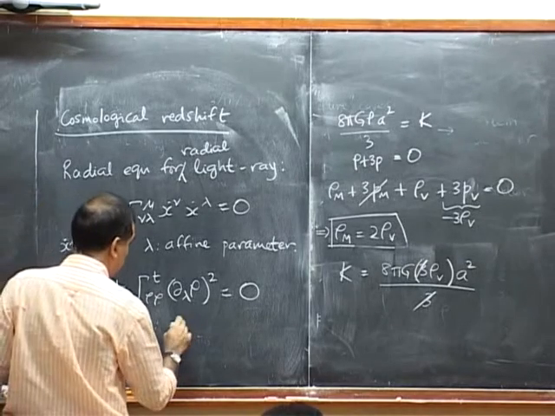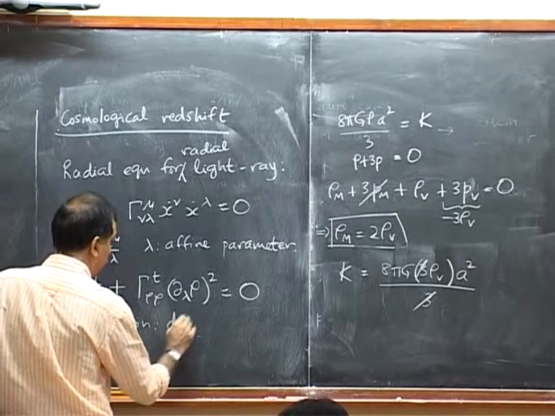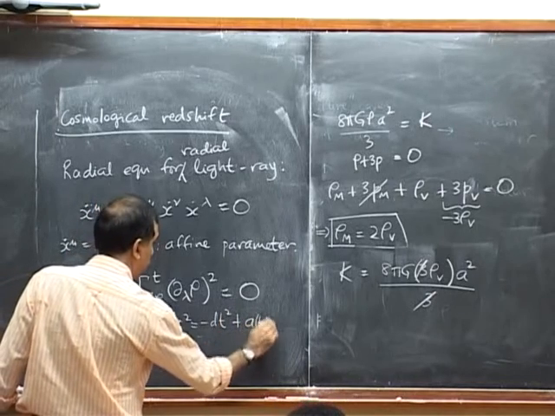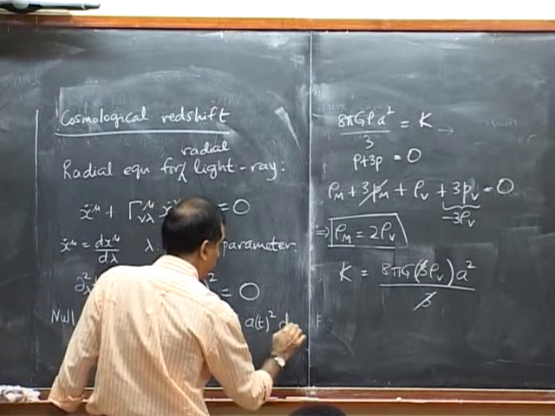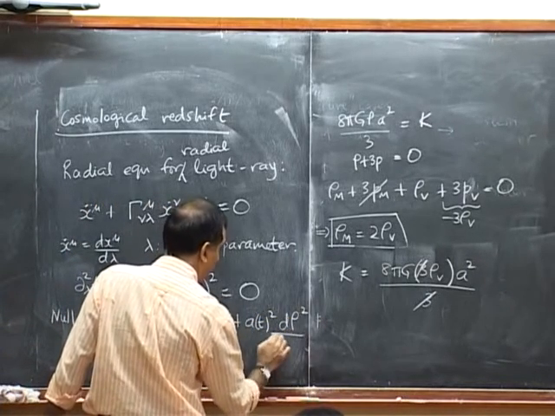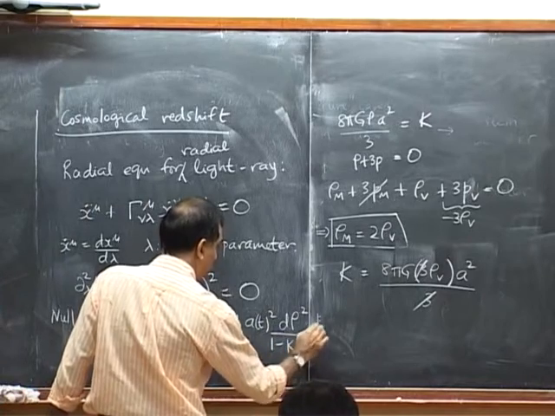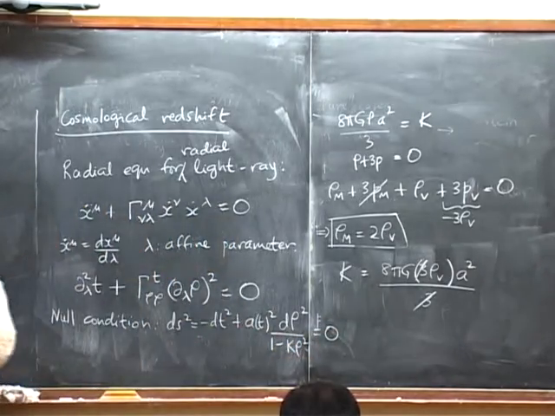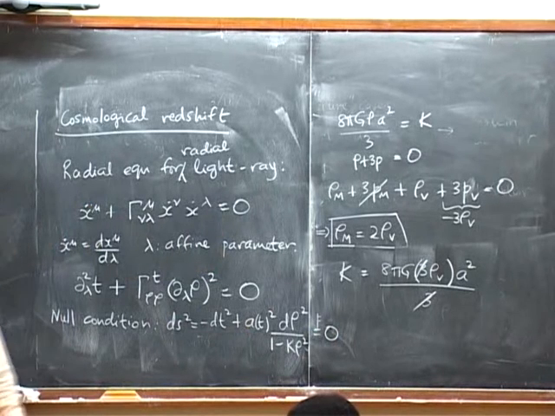The null condition from the FRW metric is ds squared is minus dt squared plus a of t squared d rho squared upon 1 minus k rho squared, and this we put to 0. Again, d theta and d phi terms we have dropped for the null light ray.